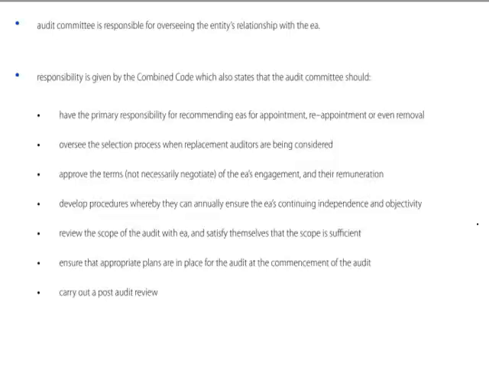Okay, part of the competitive tender from the Big Four will be, this is what we intend to do, this is how we intend to approach it, this is the sort of figure we would expect to be invoicing you. So approve the terms, not get involved in the negotiation, just the approval. Develop procedures where the Audit Committee can annually ensure the external auditor's continuing independence and objectivity.